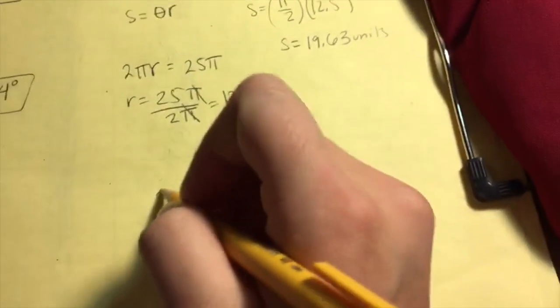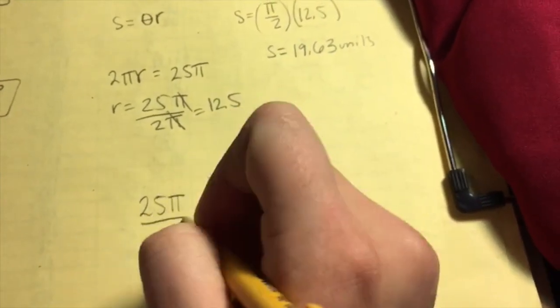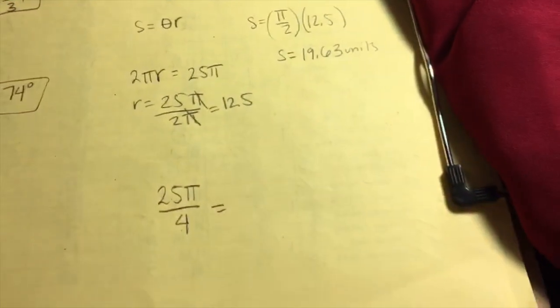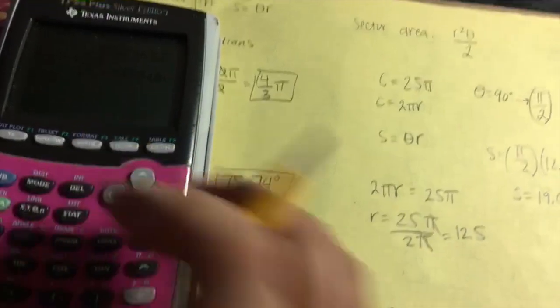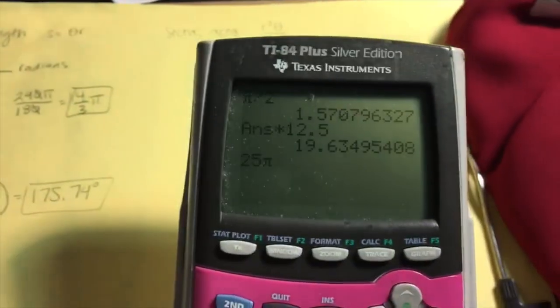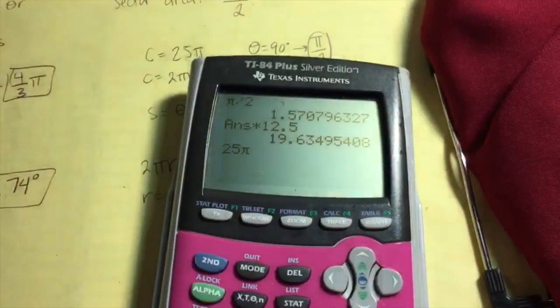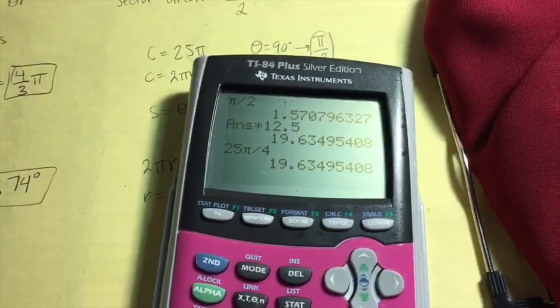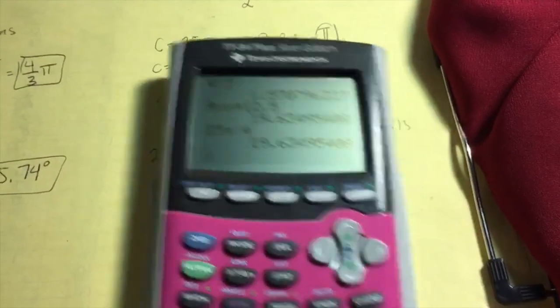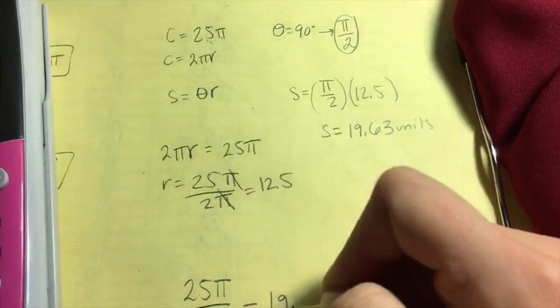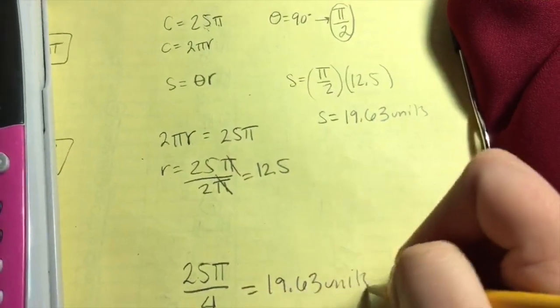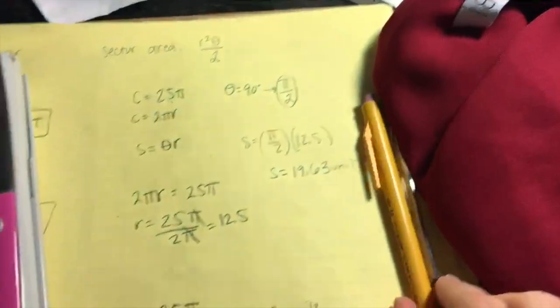So you could have done it by just taking our circumference divided by 4. Let's do that. 25 pi divided by 4. I also get the same answer, 19.63 units. However you choose to do it is fine. Both ways work.